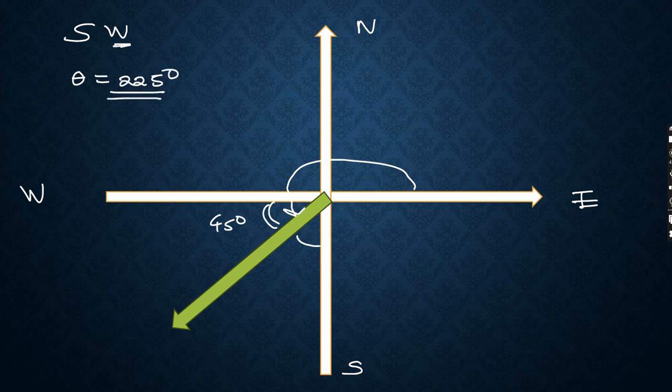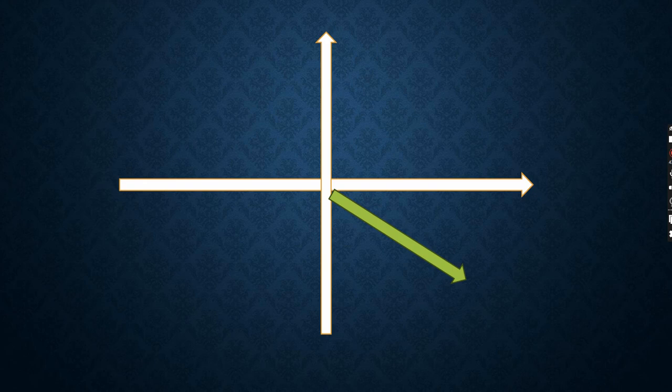Okay. What about this part? How can you find out the vector? North still, we have west, we have south, we have east. Then we are asked to find the direction southeast.